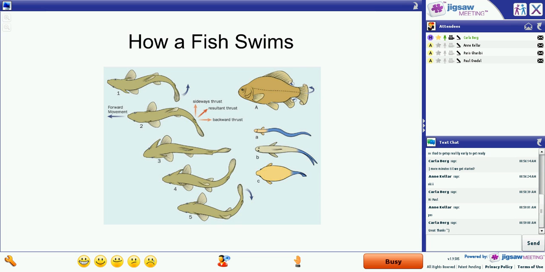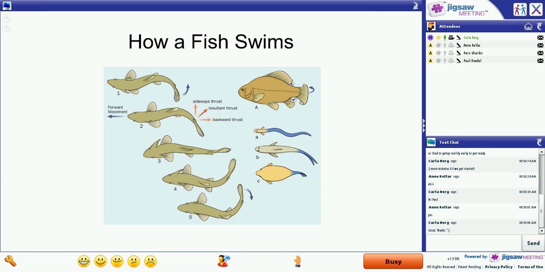So here's a diagram of how the fish swims. So let's take a look at the long, skinny fish numbered 1 through 5. The fish takes its tail and its whole body and sort of makes an S. That's step 1.